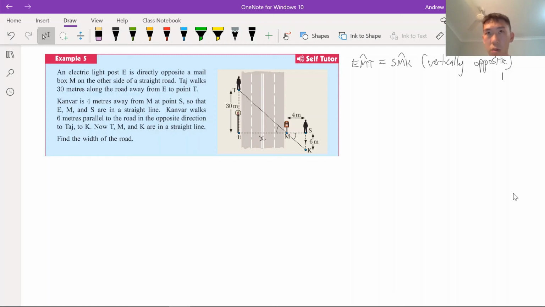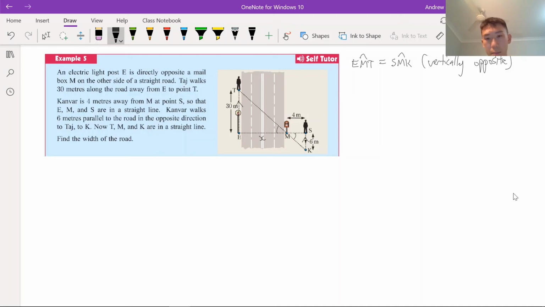We don't need to, because we've been told that parallel to the road, have we been told that TE and SK are parallel? Parallel to the road, an electric light post along the road. Okay. Yep, so I guess we have been told that TE and SK are parallel lines.